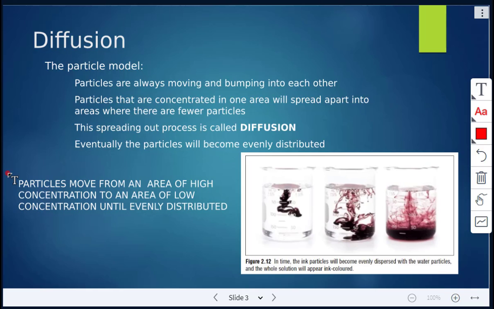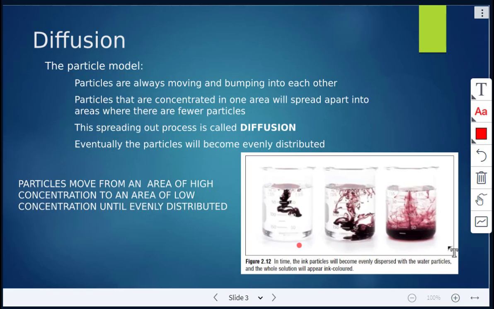Think about spraying perfume in one corner of a room. Eventually, you'll be able to smell it across the room, and that's because of those particles. They're able to move from the area of high concentration, where you spray it, across the room to the area of lower concentration, and that's going to keep happening until they're evenly distributed.